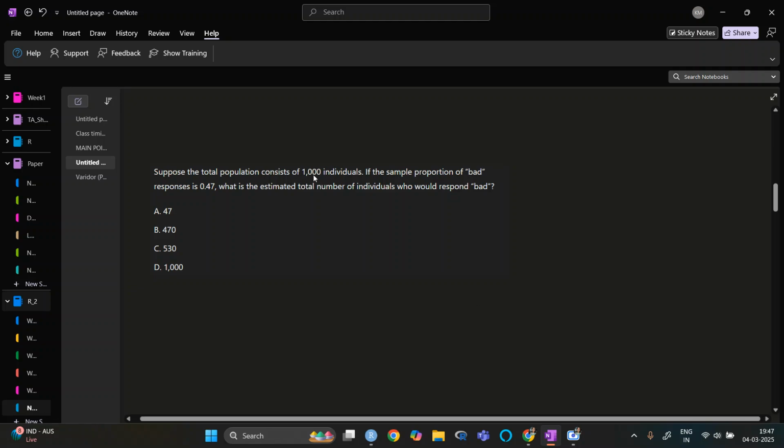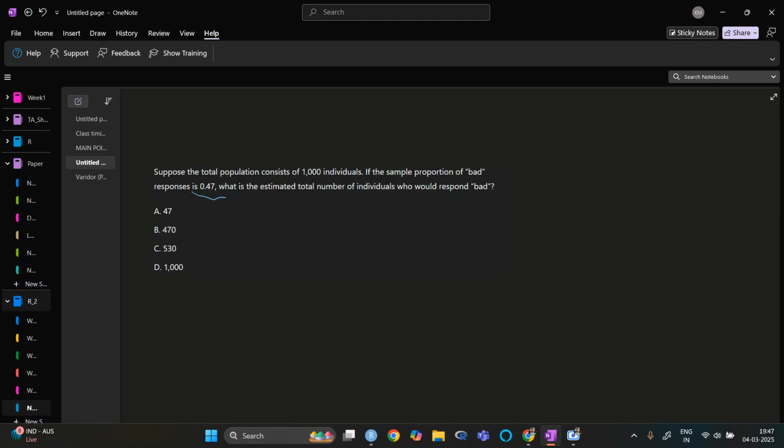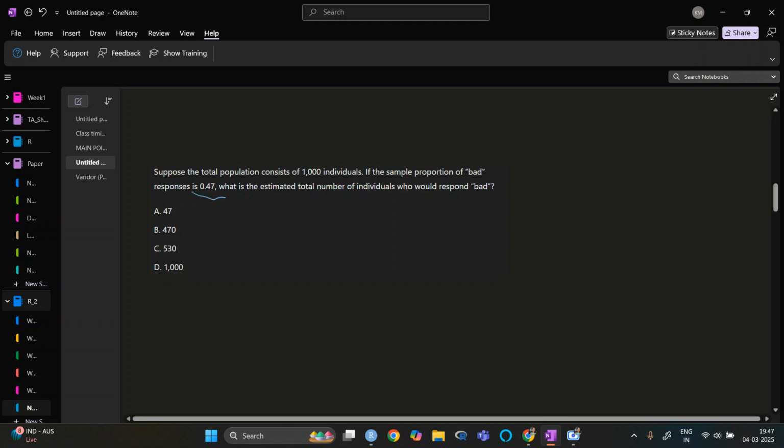Now this is a population total question, right? Because it is saying that the total population contains 1,000 individuals. If the sample proportion of bad responses is 0.47, then what is the estimated total number of individuals who would respond bad?